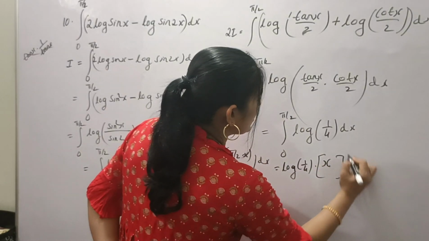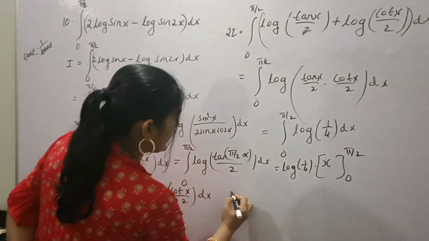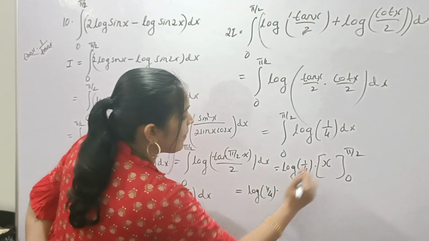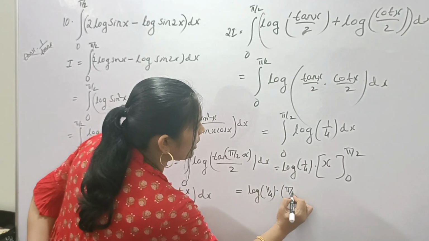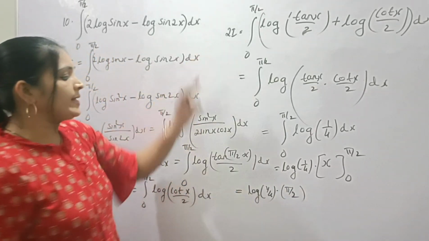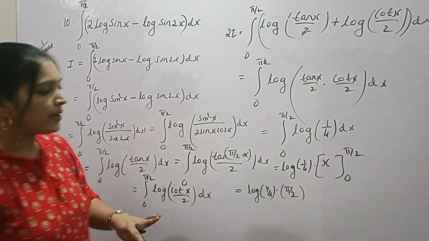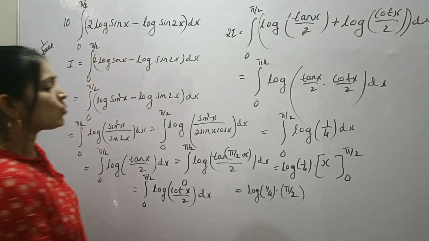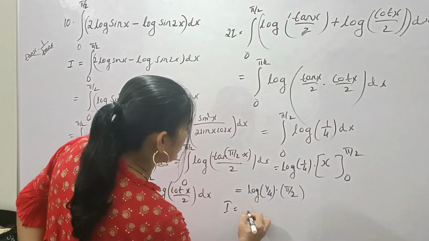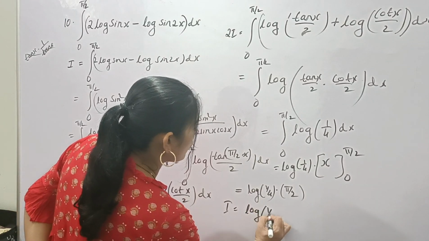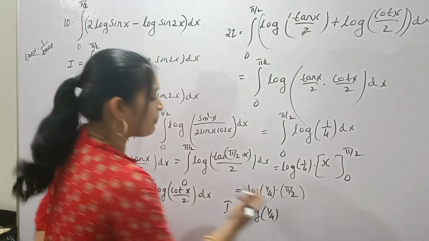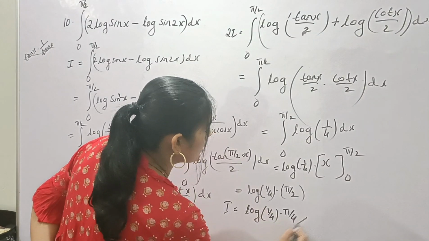Now apply the limit 0 to pi by 2. That is equal to log 1 by 4 into pi by 2. So 2I is equal to this one. What is I? We need this value, right? So I is equal to log of 1 by 4 into pi by 2 divided by 2, that is pi by 4.